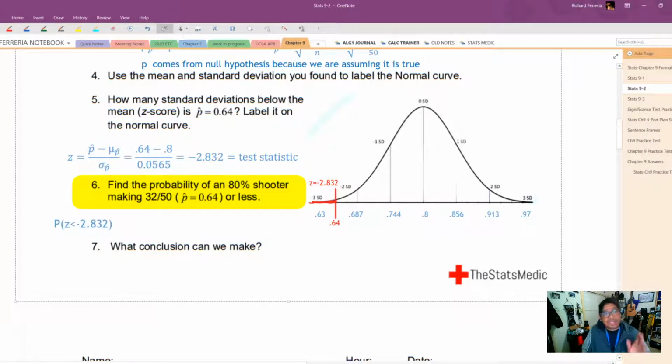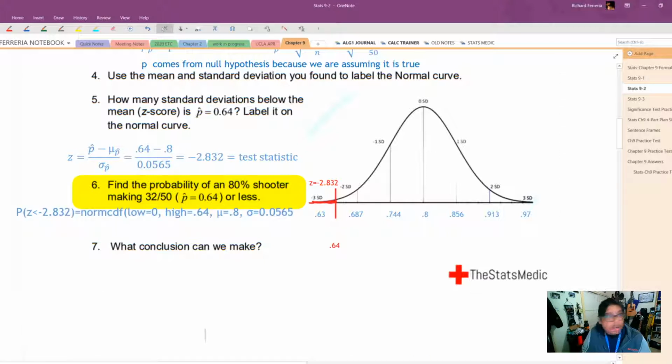Now in statistics and probability notation, we would say this is the probability that a z-score is less than negative 2.832. On your calculator, you would write normalcdf, low of 0, high of 0.64, because we can't have negative percentages, and then mu is 0.8 and sigma is 0.0565.